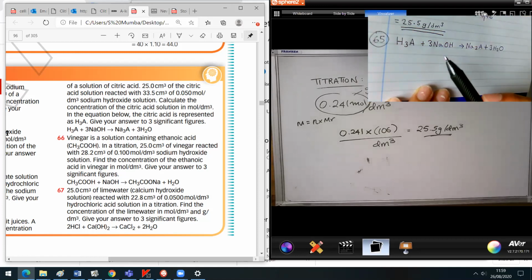Okay, let me just check this balance. So 3 hydrogens, 4 hydrogens, 6 hydrogens. Yep, oh sorry, it is balanced.